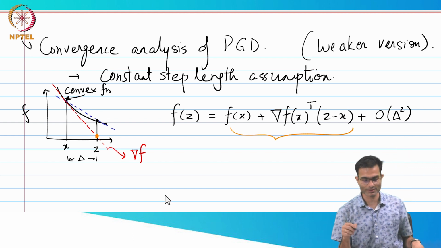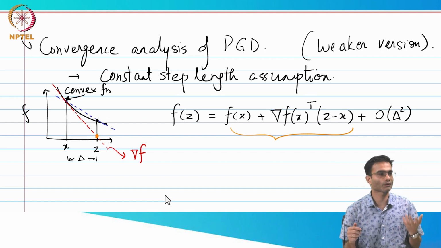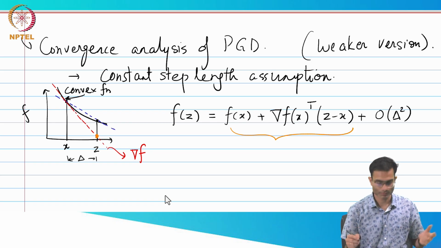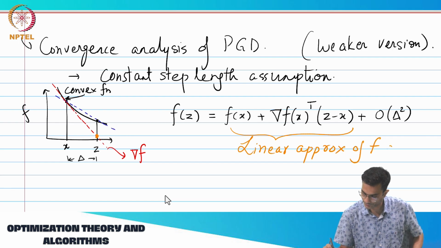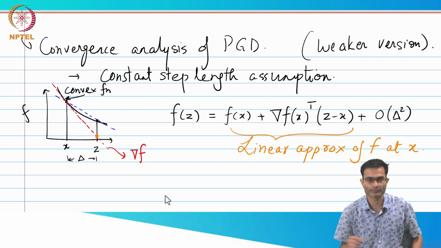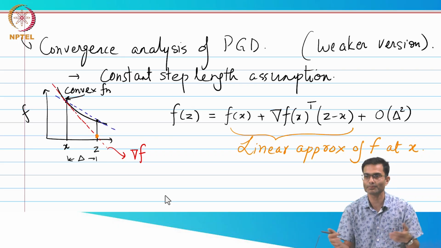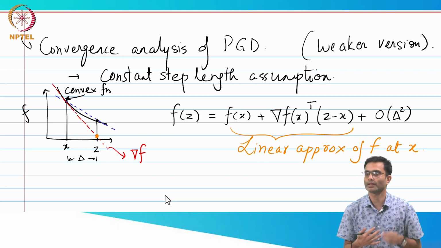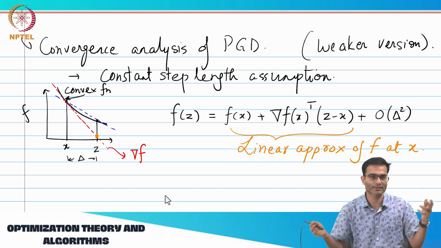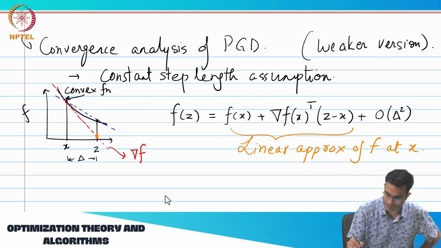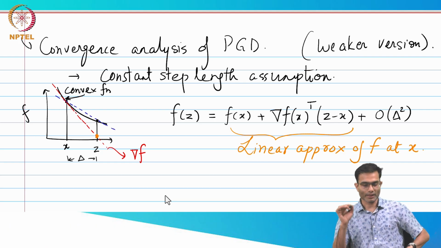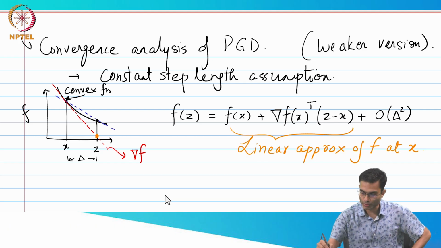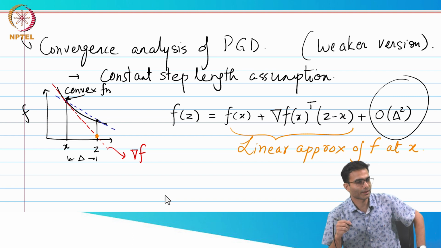So this is the linear approximation of f at x. This is the graphical meaning of first order Taylor's theorem. Take a point, take the tangent, go along it, that's your linear approximation. Now that you can see this graphically, let's ignore this error term on the right hand side.